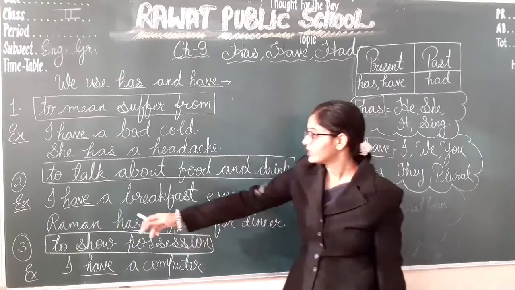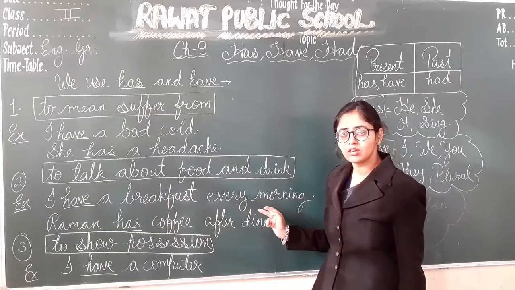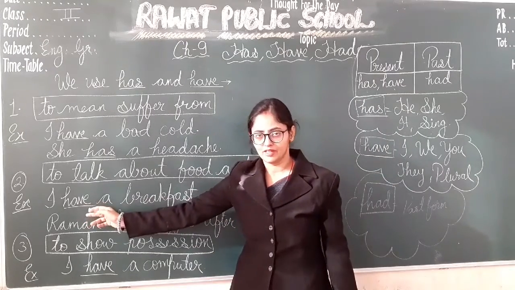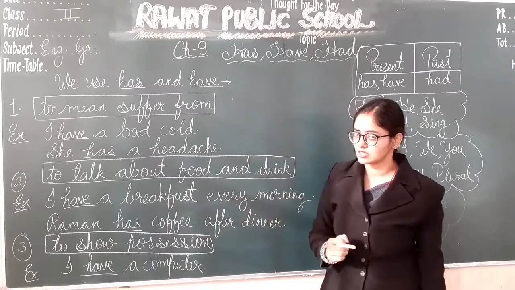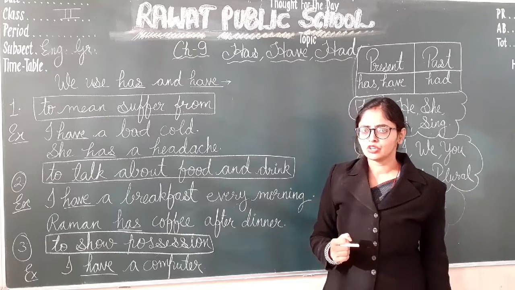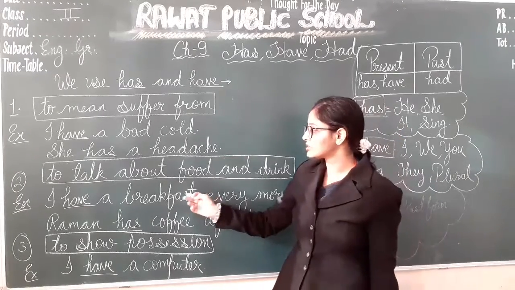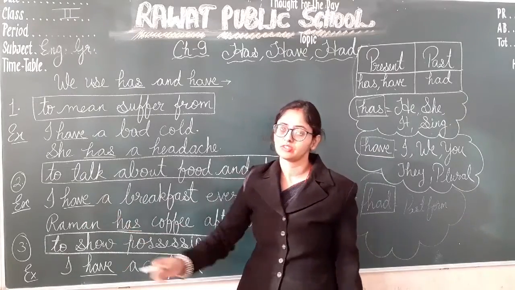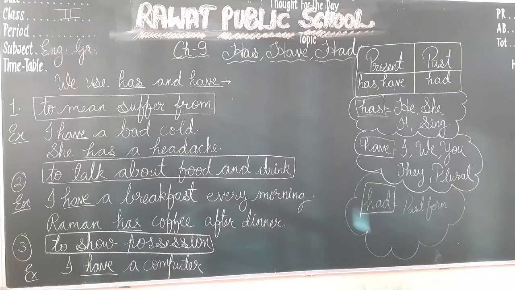The good is I have a breakfast every morning. I have means मैं every morning breakfast करता हूँ. Okay? You will not say I do breakfast. No. The particular word you can use here, that is I have.